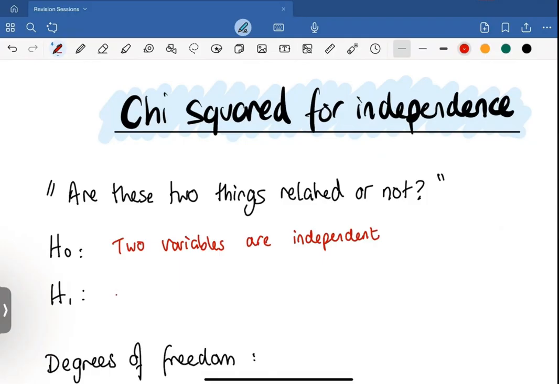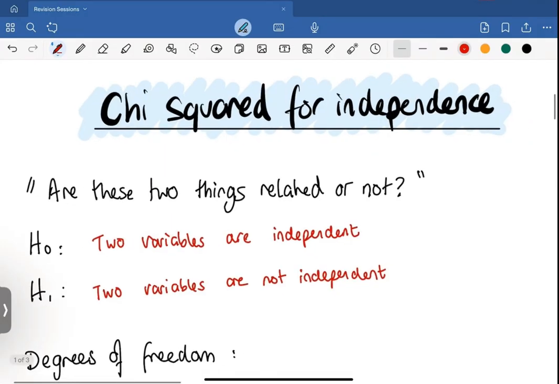And then the alternative would be that they are not independent. Two variables are not independent. So it might be the case that the males really like one particular type of fruit. Therefore, there is a relationship going on between the two variables. I'll give some examples there.